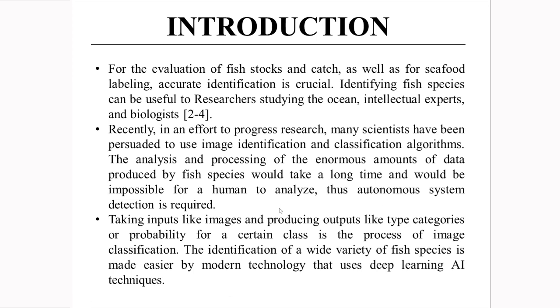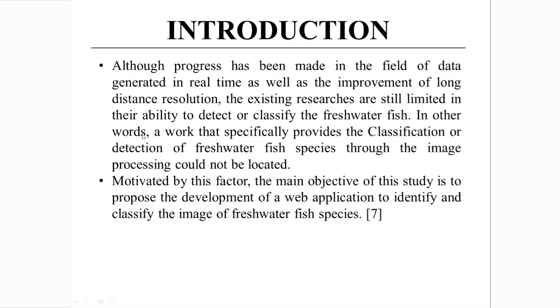Taking inputs like images and producing outputs like type categories or probabilities for a certain class is a process of image classification. The identification of a wide variety of fish species is made easier by modern technology that uses deep learning AI techniques. Although progress has been made in the field of data generated in real time as well as for the improvement of long distance resolution, the existing researchers are still limited in their ability to detect or classify freshwater fish.